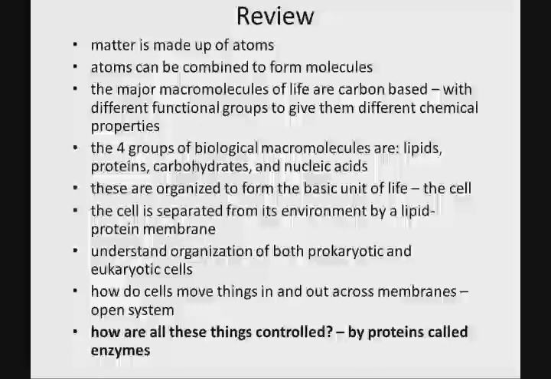What then is controlling all of this stuff? Ultimately, it's enzymes. And enzymes are encoded by DNA, and that's our next unit when we talk about molecular biology. But these proteins we call enzymes are dictating how much ATP is made, how we break down ATP, when we make lipids, how we move things across the membrane, all those things. So let's move on to our next recording and talk specifically about enzymes and enzymatic reactions.